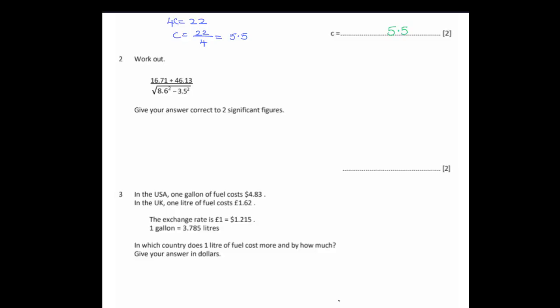So first let us find the answer. 16.71 plus 46.13 by square root of 8.6 squared minus 3.5 squared.